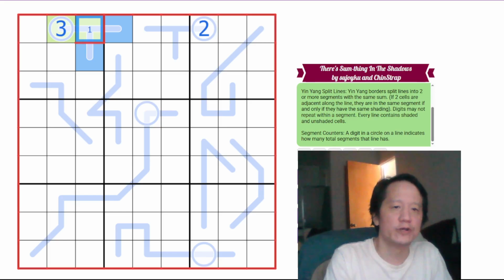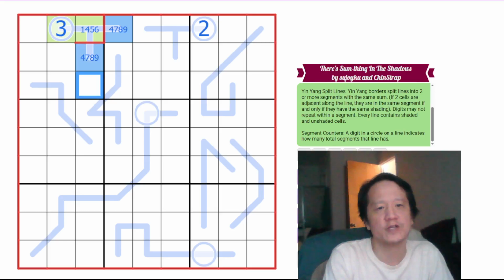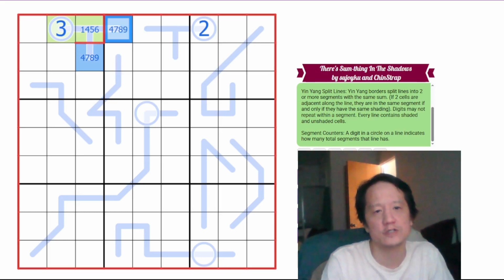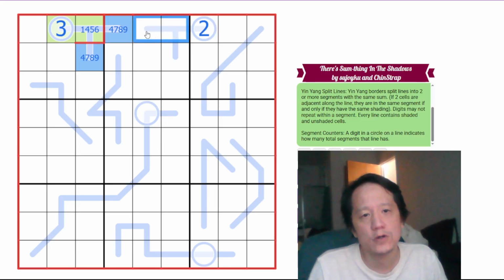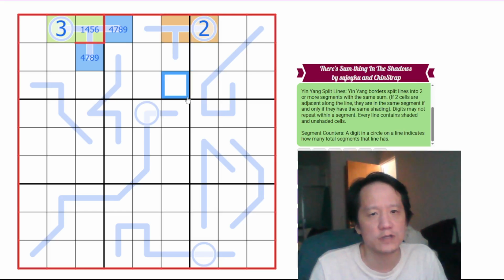This could be 1, 3, and 4, 5, 6, which means this is 4, 7, 8, 9, and these two are the same. So we're not sure which ones they are.